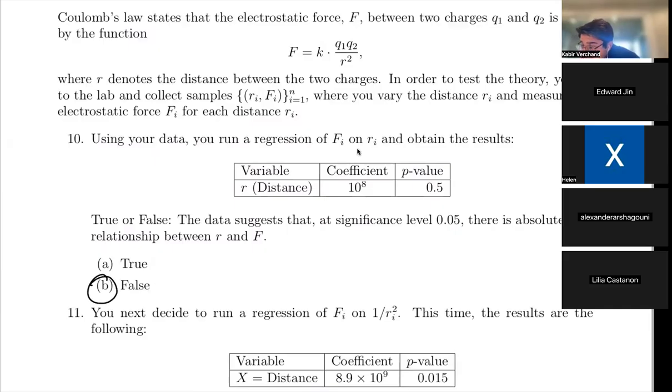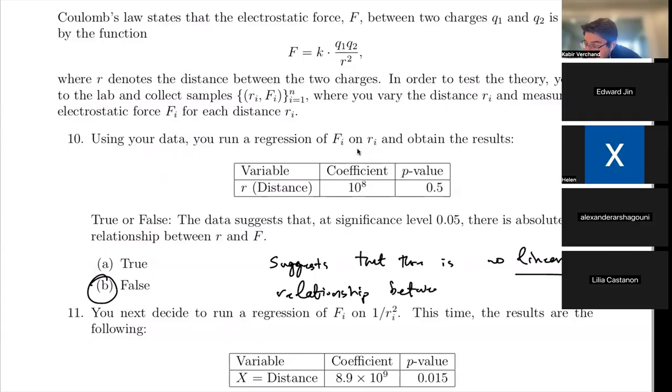It does suggest that there is no linear relationship between R and F. So this regression output suggests that F is not equal to some constant C multiplied by R. That's all that this data tells us.